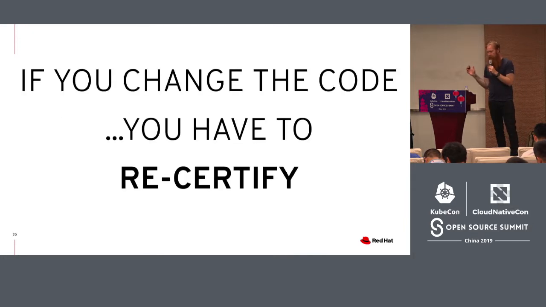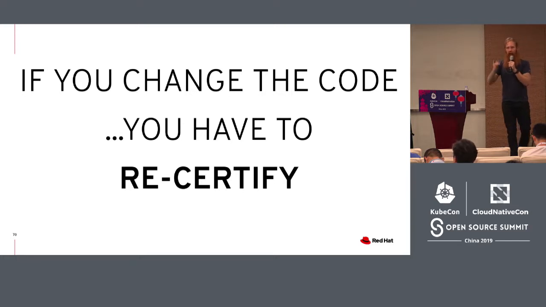But if you change the code, you have to recertify it. I'll repeat that again. If you change the code, you have to recertify with an independent auditor to re-get your FIPS certification. It's kind of weird.